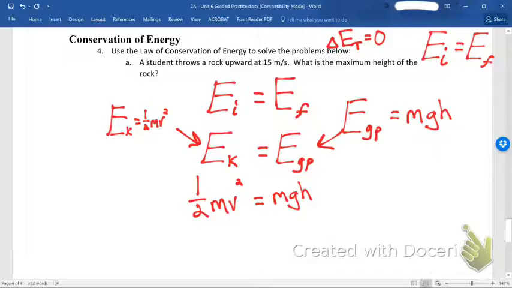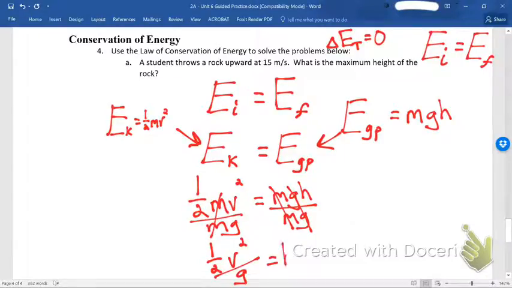Some of you might immediately be concerned about the lack of our knowledge of mass, but we'll see whenever we divide both sides by m and g, in order to get rid of the m and g that's being multiplied by the h, we're doing the opposite, so we divide, that not only will this m cancel here, but that m will also cancel there. So that whenever we end up rewriting this, we will end up with 1/2 v squared divided by g is equal to h. No mass needed at all.